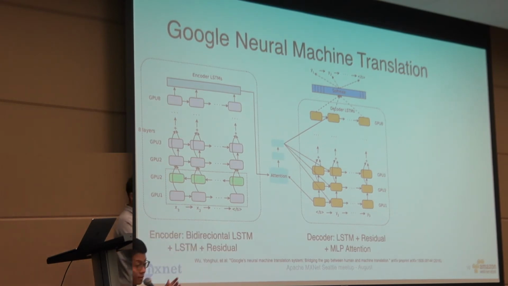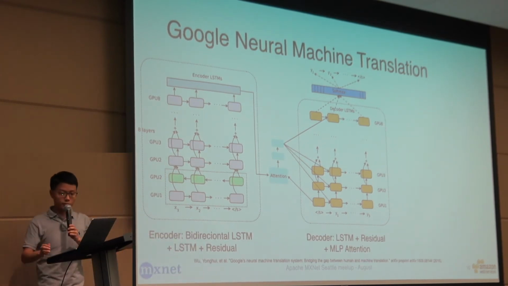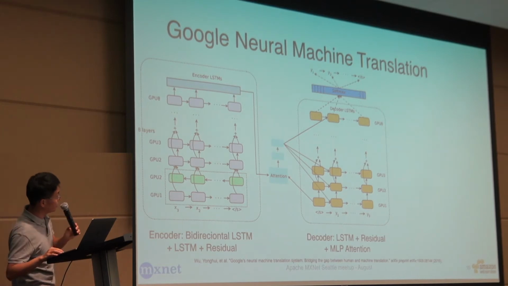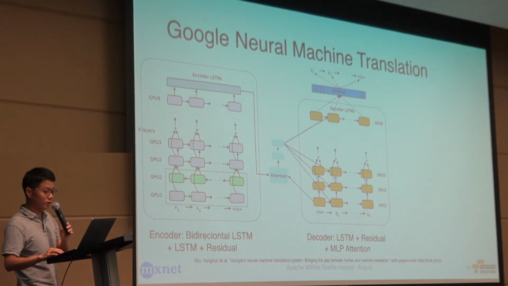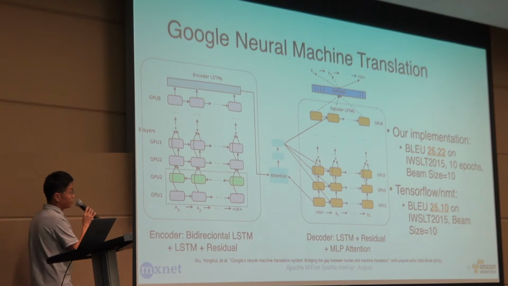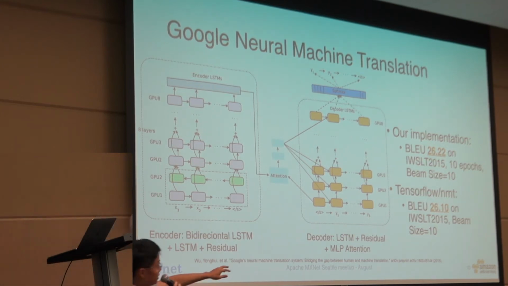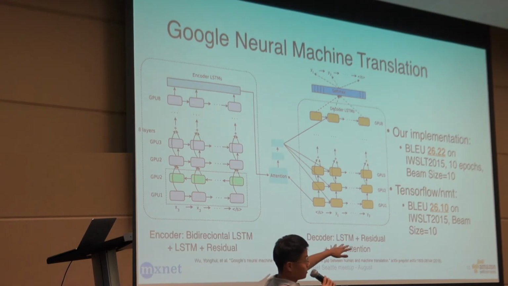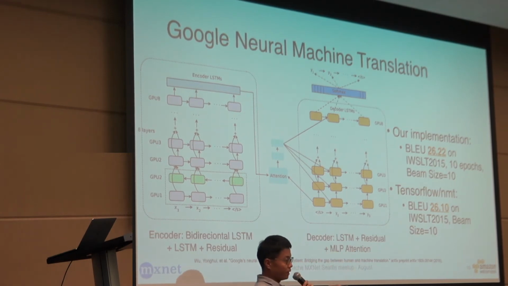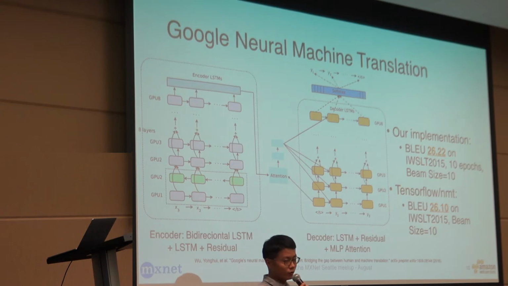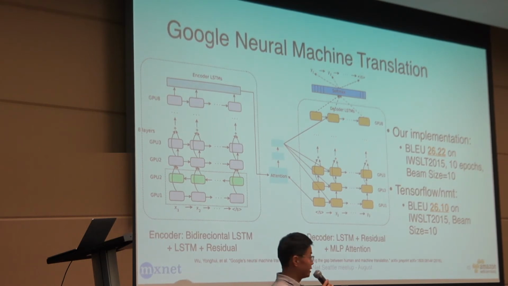This network is a little bit complex, right? And Google has its own implementation in TensorFlow NMT. The BLEU score is a measure where a higher BLEU score means better machine translation quality.